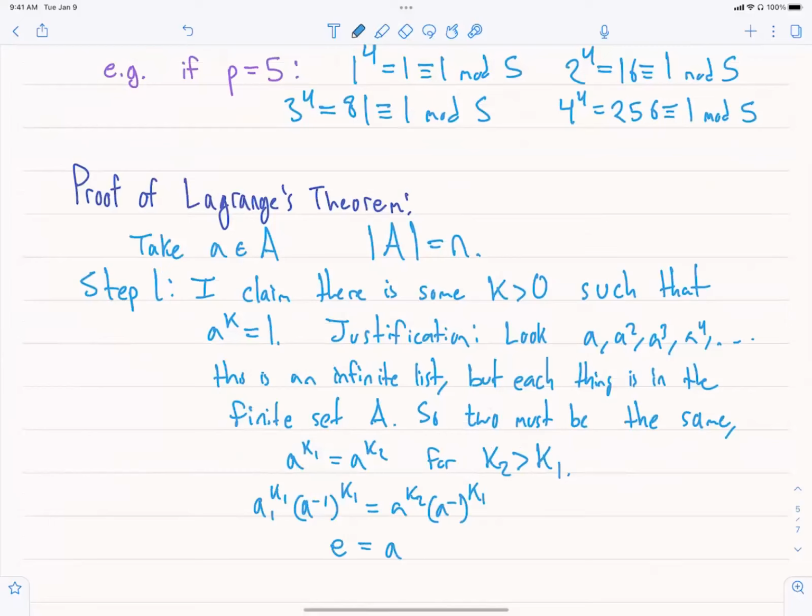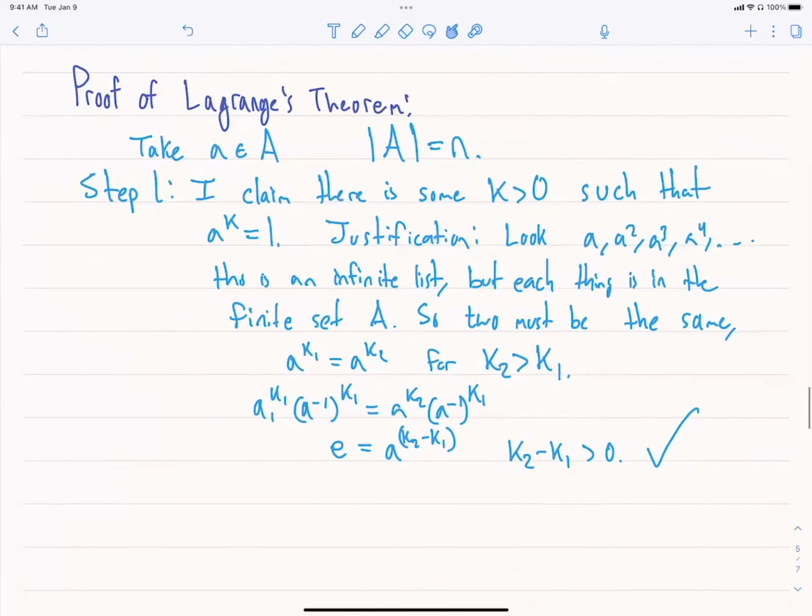And here I get a to the k2 minus k1. And k2 minus k1 is some positive number because I took k2 to be greater than k1, so I win. So that verifies the claim. That's the first part: I found some k such that a to the k is equal to 1.